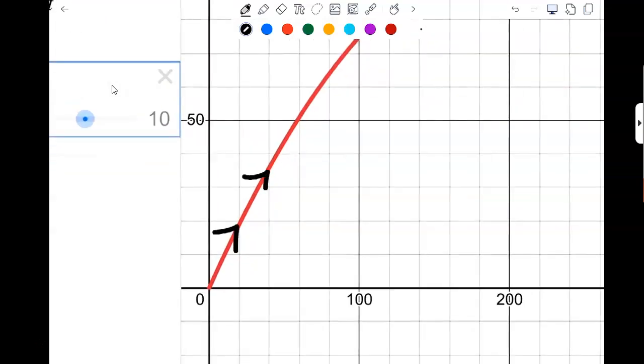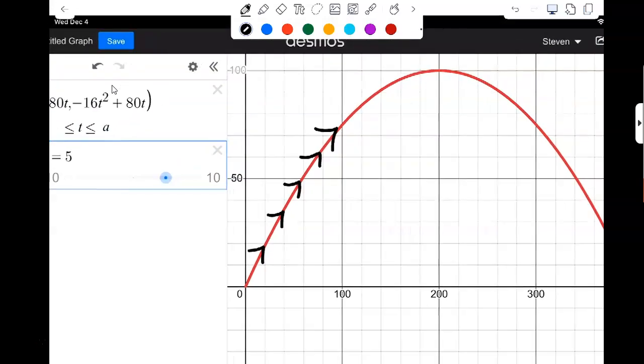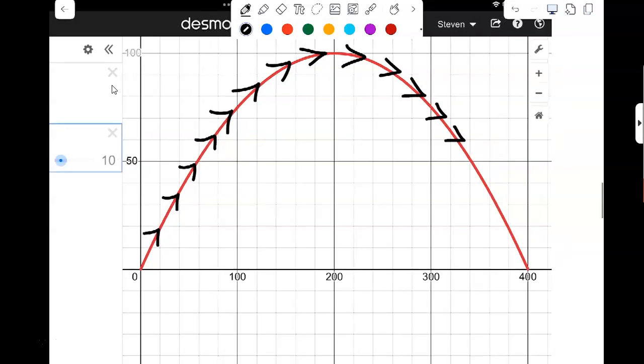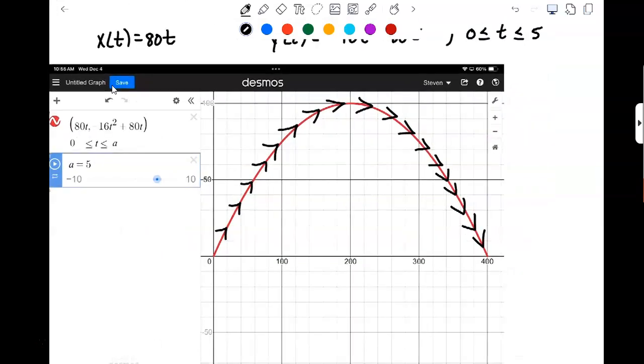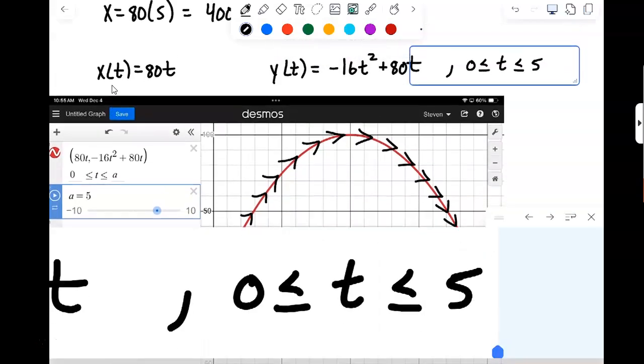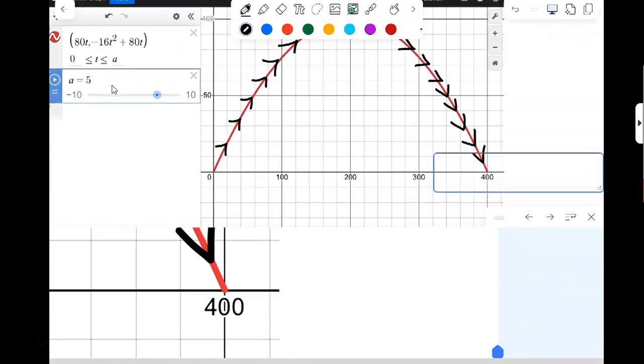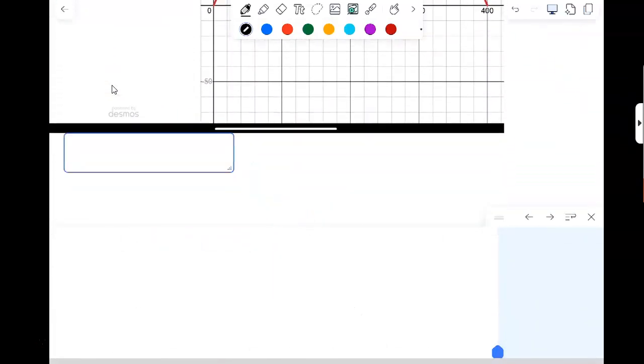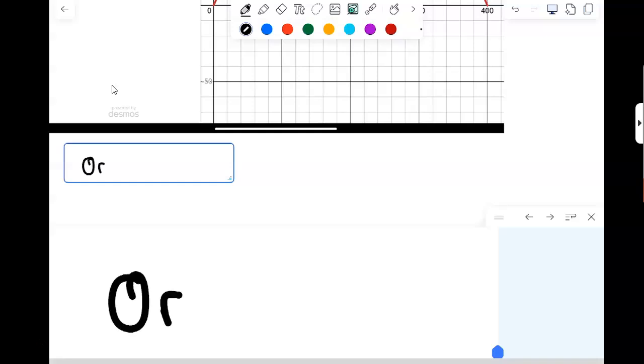So here we would mark on our direction of motion, and that direction of motion is referred to as the orientation of the graph. We draw those arrows to indicate that as t increases, that's the path we're moving, as opposed to going backwards.